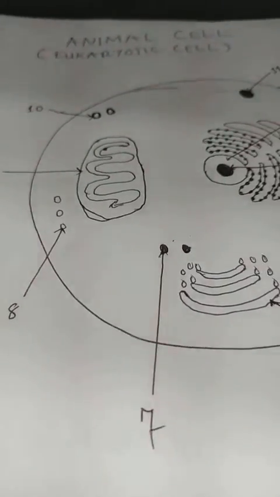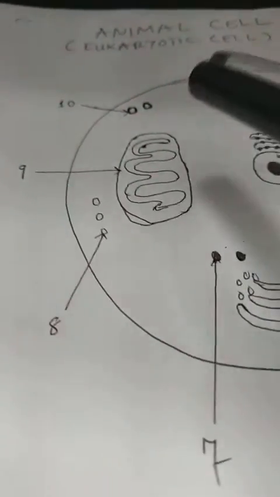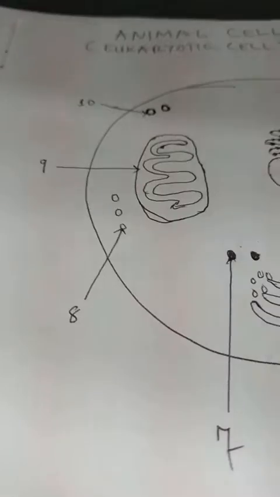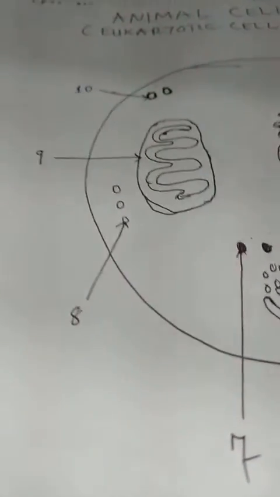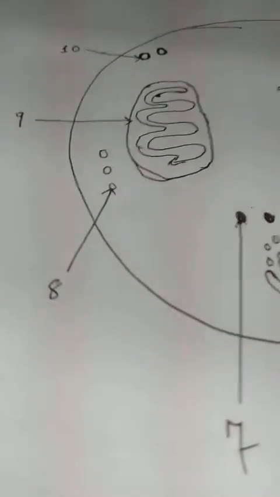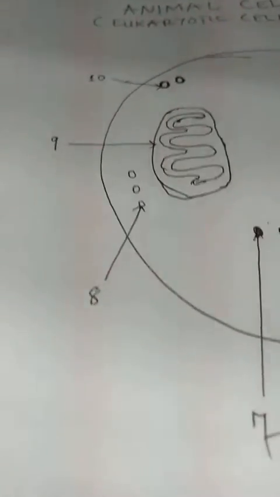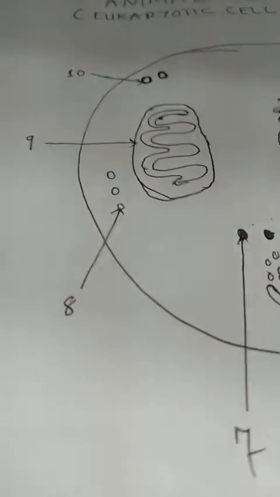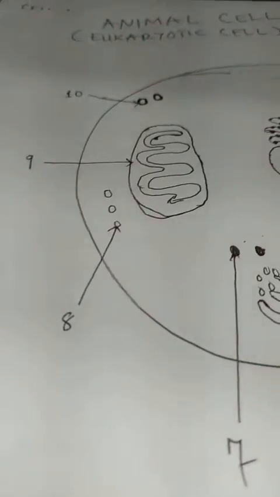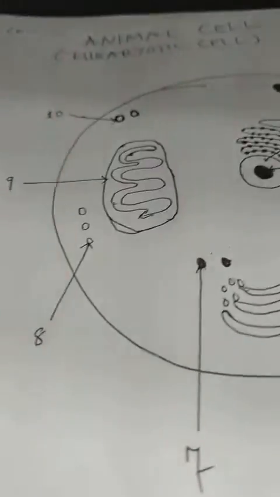in our cytosol. So let's move to another structure labeled by number 9, and this structure is the mitochondria, and the mitochondria is similar to our nuclear power plants. The reason is that our mitochondria are used to transform one form of energy to another.